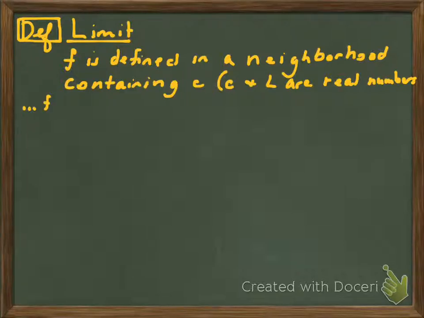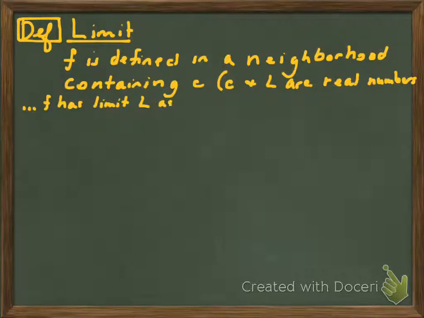What's f? Function. Has a limit, or has limit, it doesn't even say a, has limit L, and that's capital L, because not everything has a limit, okay? And that's something we'll spend time exploring in this chapter.